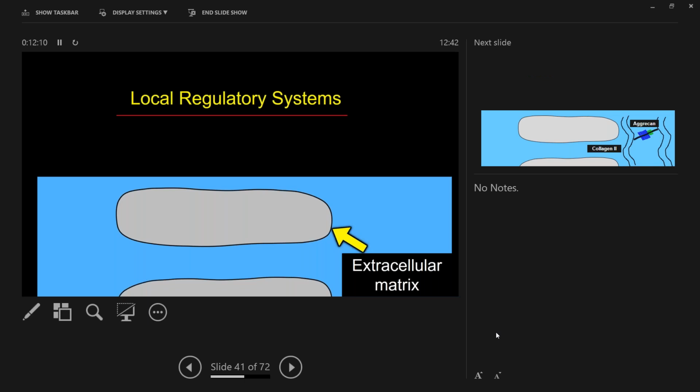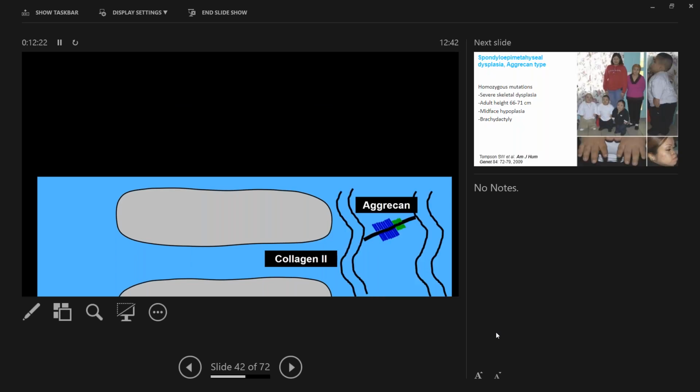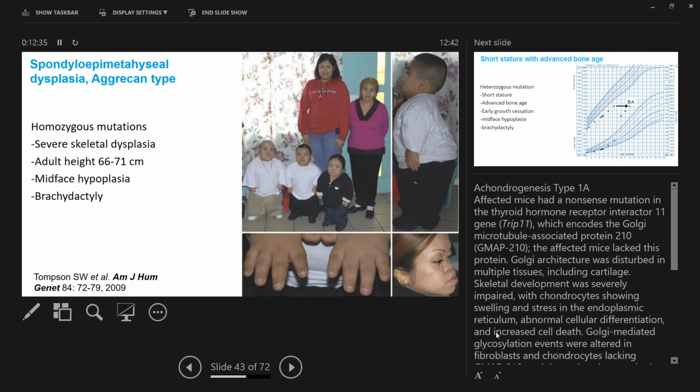Okay, so then I said that the extracellular matrix is important. The extracellular matrix in the growth plate is a highly specialized matrix. It's very rich in collagen type 2 and proteoglycans, where aggrecan is the most abundant proteoglycan in cartilage matrix. If you have homozygous mutations in aggrecan, you get a very severe skeletal dysplasia.